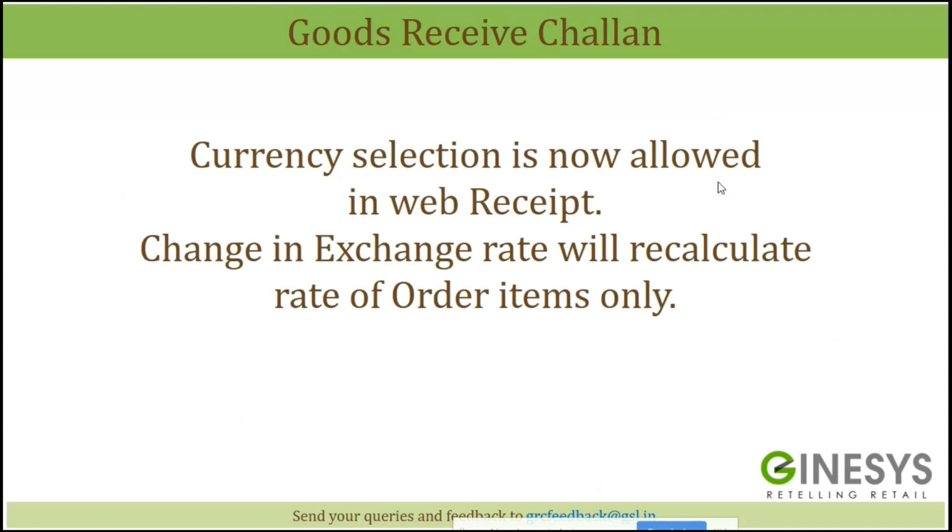It may happen that if I am placing an order to a Southeastern Asian country, then we have to place the order in dirhams. Whereas if you purchase it from the US side, then the currency selected will be dollars. Along with currency selection, the exchange rate is also required, that at the time of purchase order, what was the exchange rate?